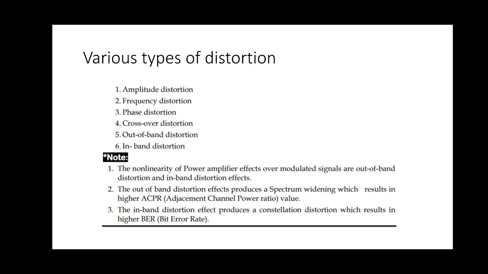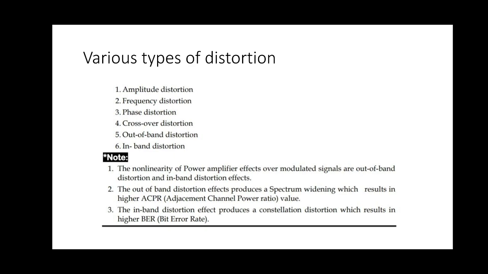So what is distortion? Whenever we apply some voltage at the input side, the output should have the same shape as the input without any disturbance. Loss of the signal is called distortion. When it has some distortion, it is distorting the input signal.